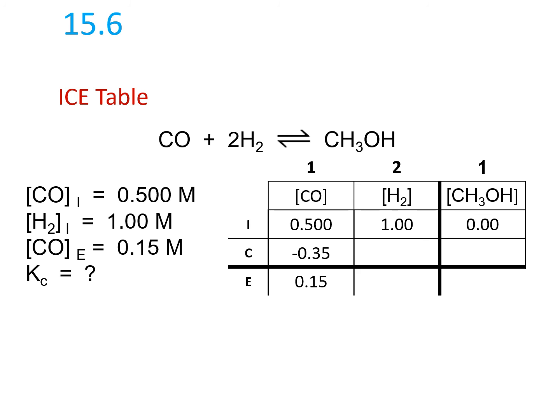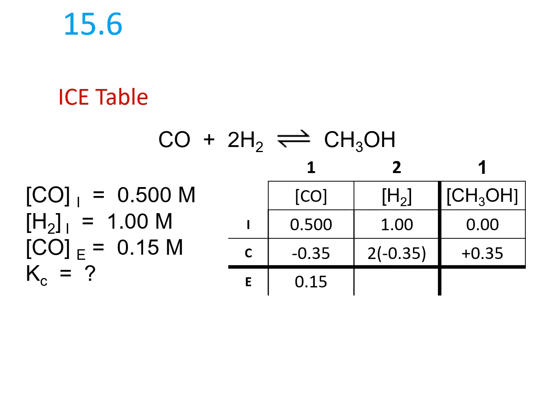We have to take that into account when we're figuring out the molarity loss, and we have to bring that 2 down and multiply that value by 2 for our hydrogen. Now, what's that value going to be for our methanol? Well, we're not going to lose, because what we're losing on the left side of the transformation arrow is going to be experienced as a gain on the right side. And that is how we're creating our methanol.